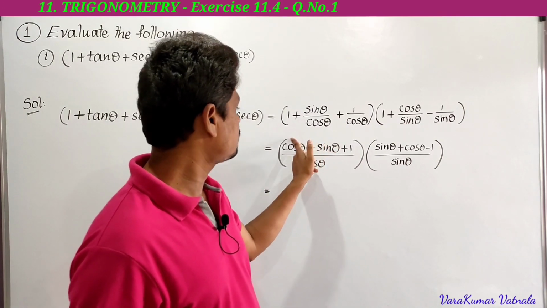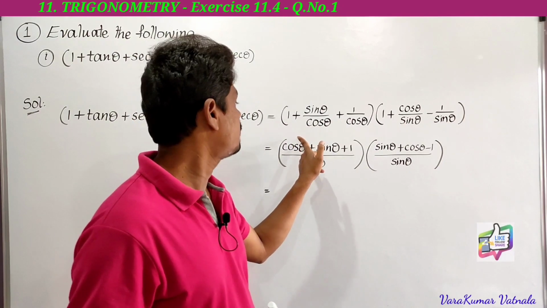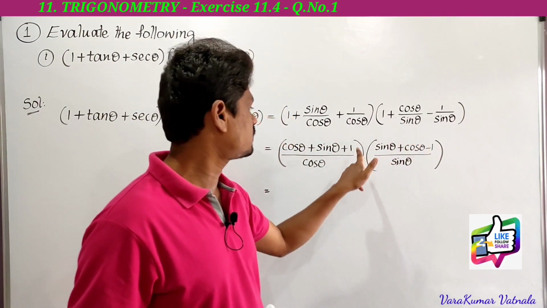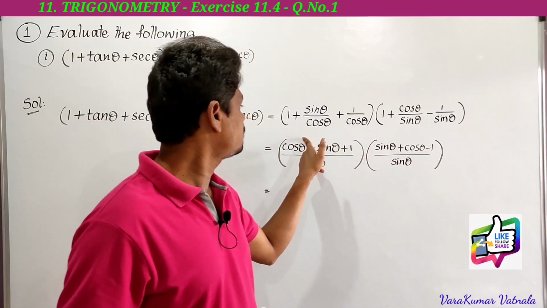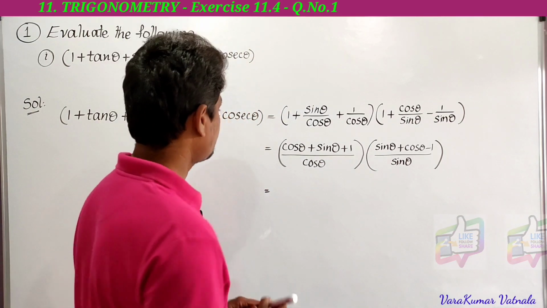See here, just A is cos theta plus sin theta or sin theta plus cos theta, both are the same. So sin theta plus cos theta is A, and B equal to 1. Then it is in the form (A plus B) into (A minus B), so that is A square minus B square.